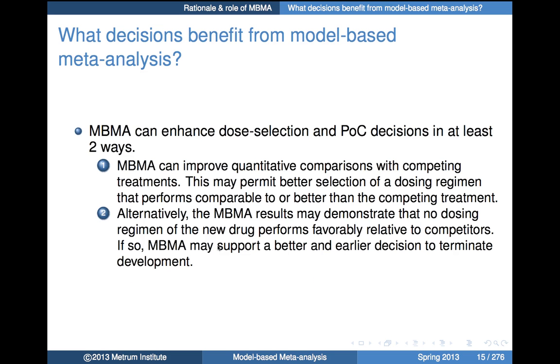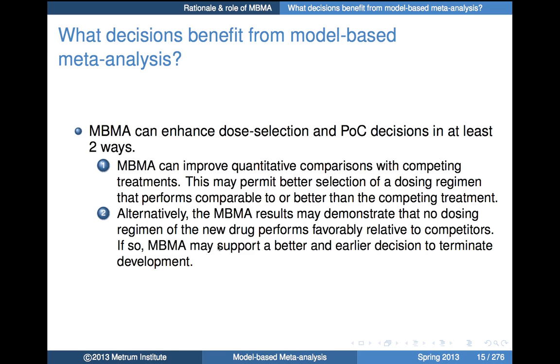And what sort of decisions might benefit from model-based meta-analysis? Well, one, model-based meta-analysis can enhance dose selection and proof of concept decisions in a couple of different ways. For example, model-based meta-analysis can improve quantitative comparisons with competing treatments, and that may permit better selection of a dosage regimen that would perform as well as or better than those competing treatments, and thus be a good basis for dose selection.